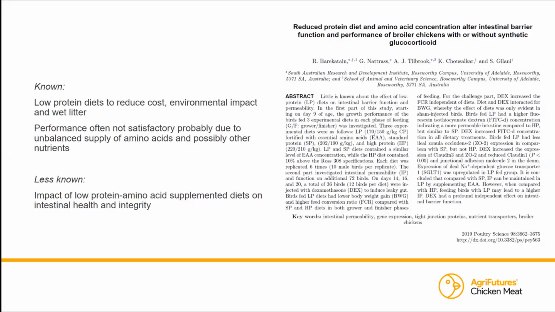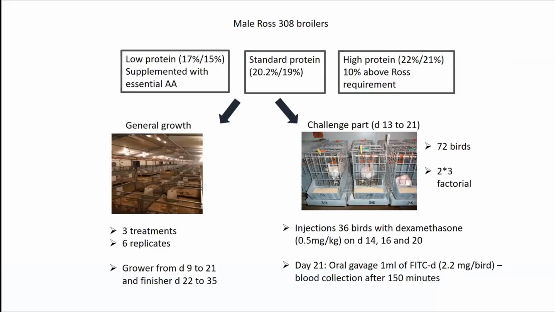The first experiment we did specifically looked at the concentration of amino acids and protein. We published that work last year in Poultry Science, so it is available for anyone interested to read. To give a bit of detail, we created a fairly wide range of dietary formulations.